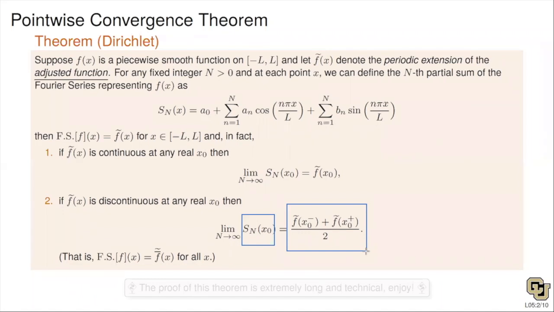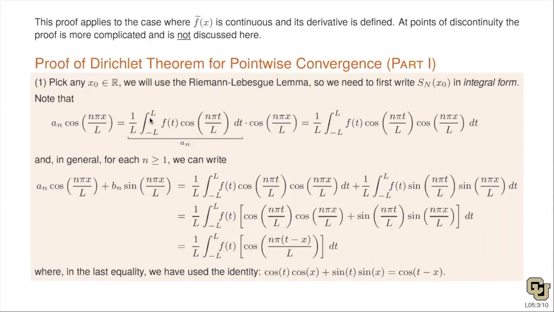And we have this idea of oscillatory cancellation that the Riemann-Lebesgue lemma establishes and allows us to take advantage of. So essentially, the first couple of steps of the proof is just to rewrite the partial sum of the Fourier series and its target function, F tilde of x naught, in integral form.